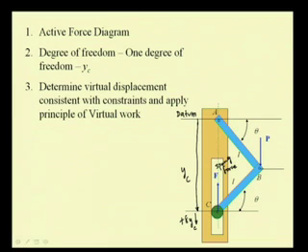If the spring is elongated because of this applied force P, then it will tend to pull this point C towards A, and thus this direction of the force is for the condition when the spring is elongated. If it is compressed, then this force will be downward.